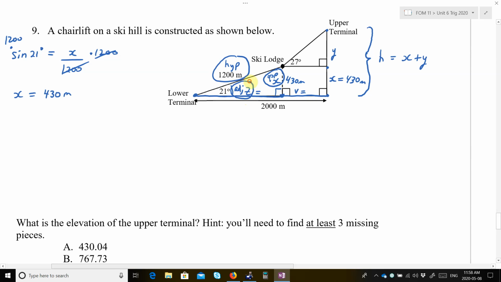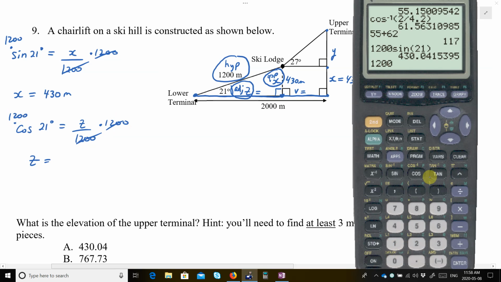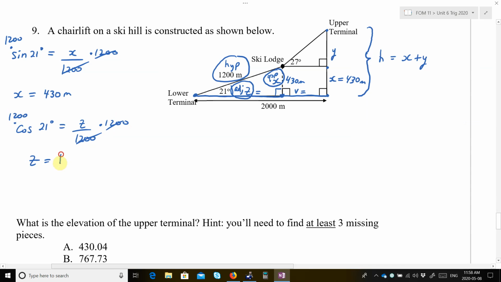So if we're looking for adjacent and we have the hypotenuse, that's going to be cos. So cos of 21 degrees equals the adjacent z over the hypotenuse 1200, and multiply by 1200 again. So z is equal to 1200 cos 21, and we get 1120.3.